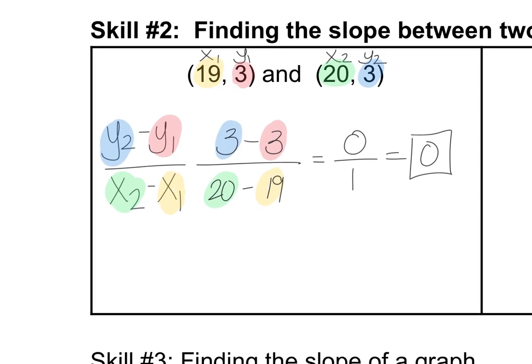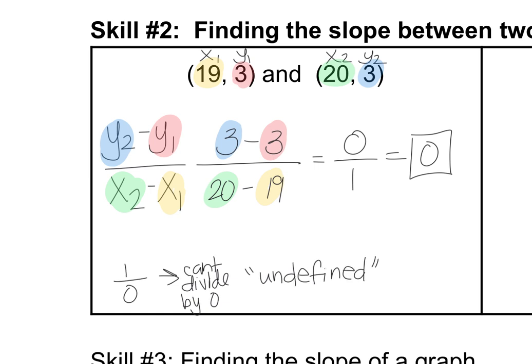Real quick, I do want to talk to you about if this were flipped. If I had 1 over 0, and you put this in the calculator, you get a divide by 0 error because you can't divide by 0. So if you are typing it in the calculator and you get the divide by 0 error, that means it's undefined.